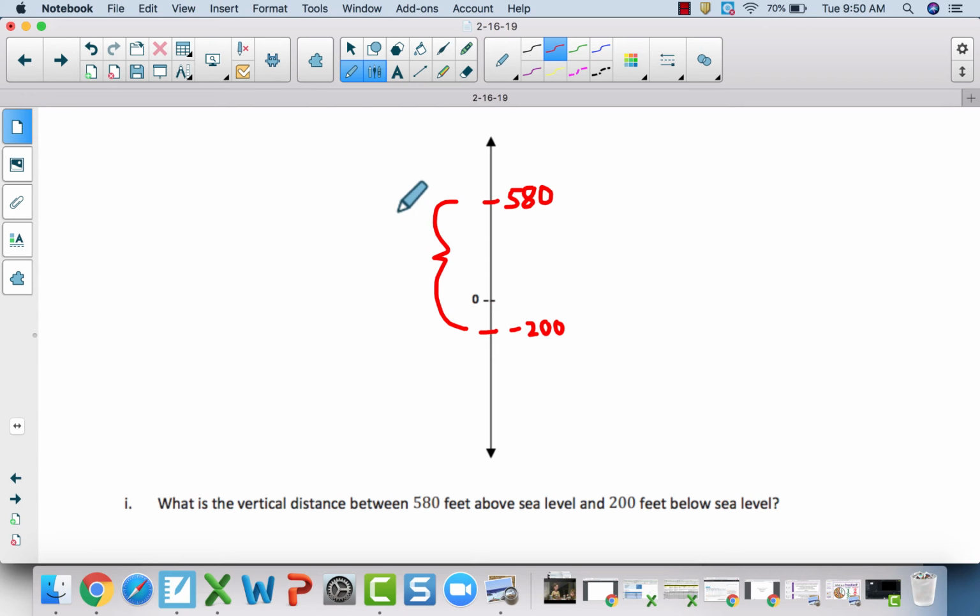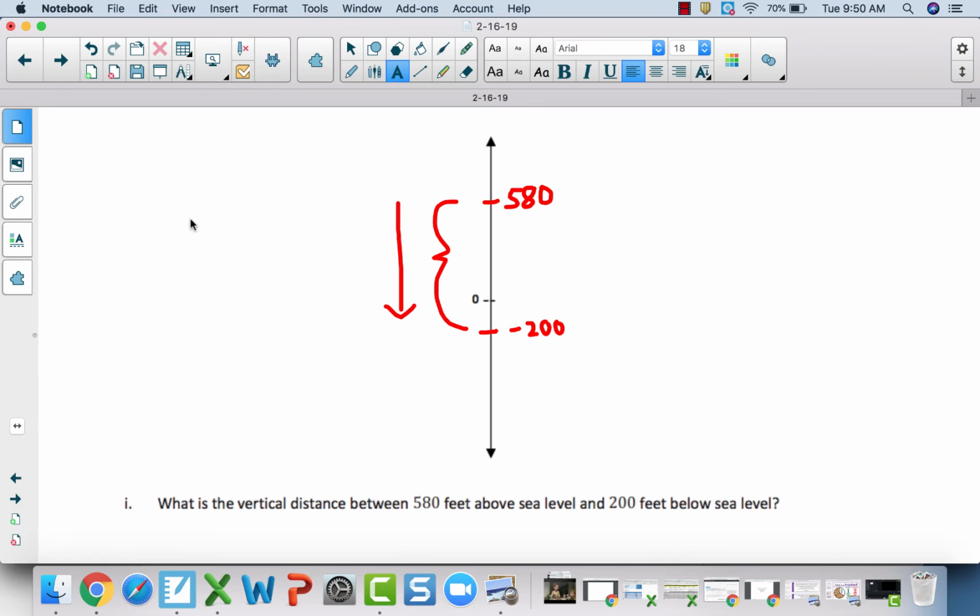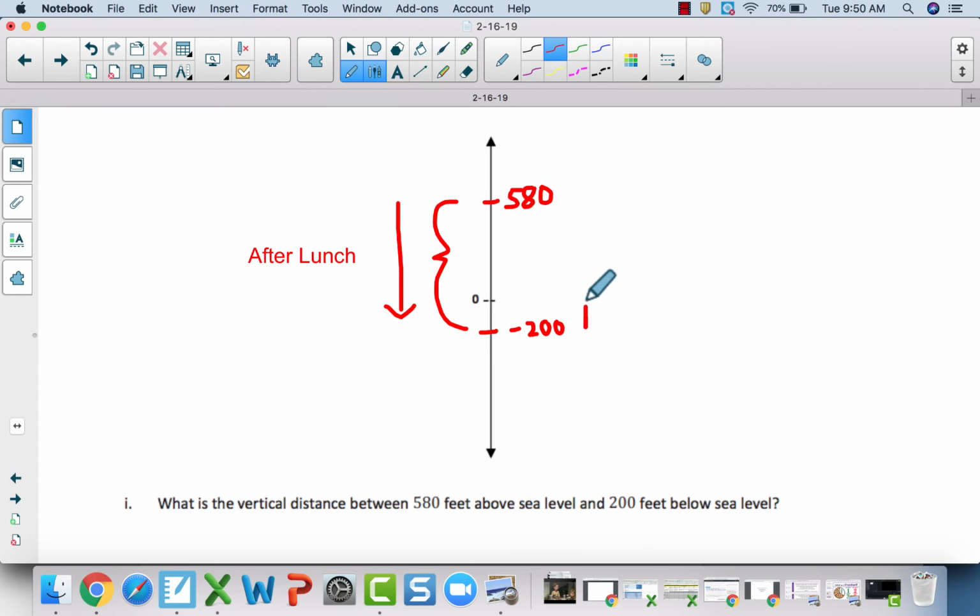Basically, what he's doing, because it's after lunch, is he's hiking down this way. Before lunch, he hiked up, and I'll mark this for you guys. So this is after lunch, this arrow, and before lunch, he did this.